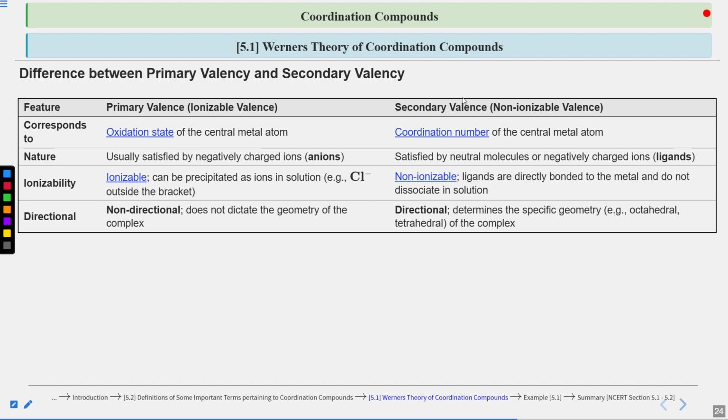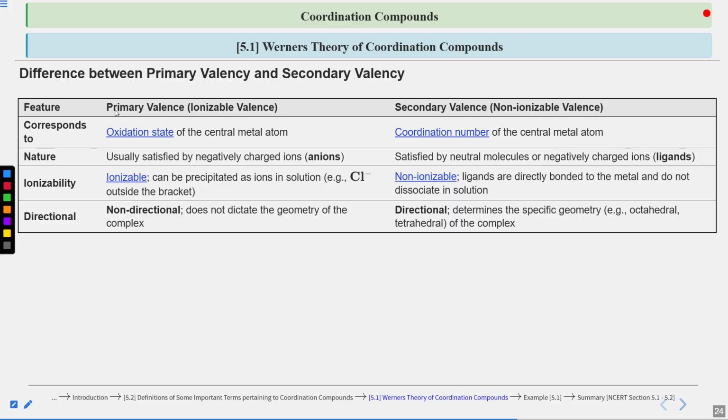And if you know the secondary valence or non-ionizable valence of the central metal atom, then you know its coordination number. Nature, if you talk about nature, primary valence is usually satisfied by negatively charged ions, you can call them anions. Meanwhile, the secondary valence is satisfied by neutral molecules or sometimes negatively charged ions called ligands.